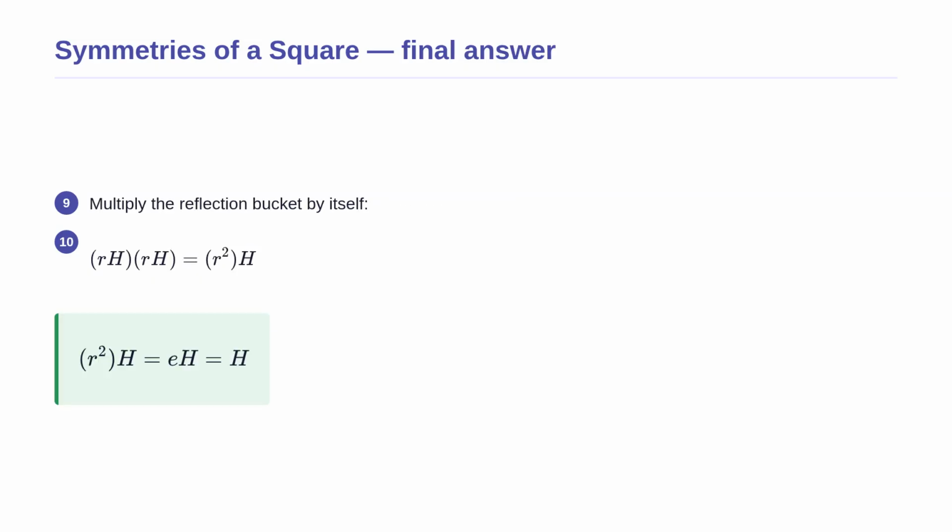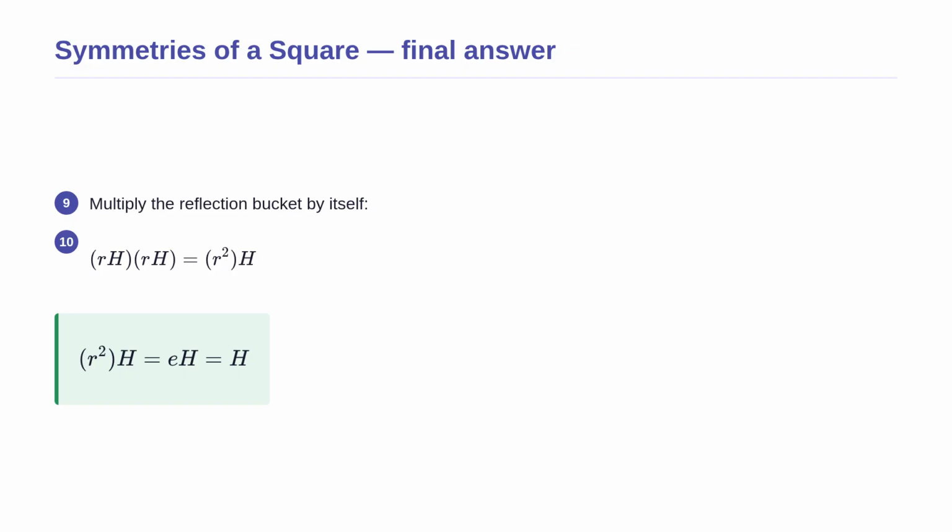Let us see what happens when we multiply the reflection bucket by itself. We take a reflection from the first bucket and a reflection from the second bucket and perform them one after the other. The rule for factor groups says we just multiply the representatives together, giving us R squared H. Doing any reflection twice in a row brings the square back to its original starting position, which is the identity element E. Since the identity element belongs in the rotation bucket, combining 2 reflections always results in a rotation.